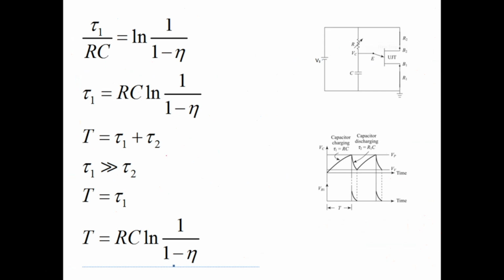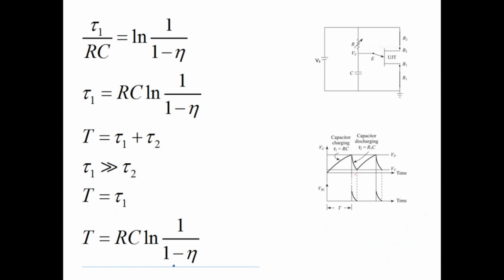T is equal to tau 1 plus tau 2. See here, one thing is we are calling this tau 1 and this tau 2. Tau 2 is very small compared to tau 1. The period of oscillation, this is a periodic waveform, is T. Actual T is tau 1 plus tau 2.